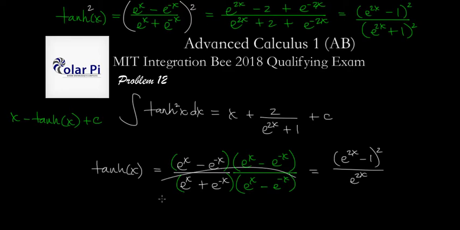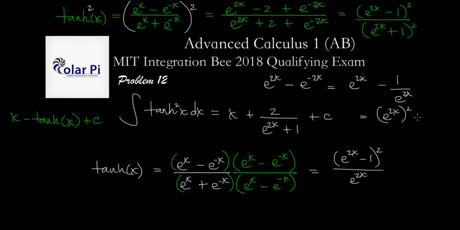And then the denominator here, using difference of squares, is first equal to e to the 2x minus e to the negative 2x. But note that this is the same as e to the 2x minus 1 over e to the 2x, which in turn is equal to e to the 2x squared minus 1 all over e to the 2x.